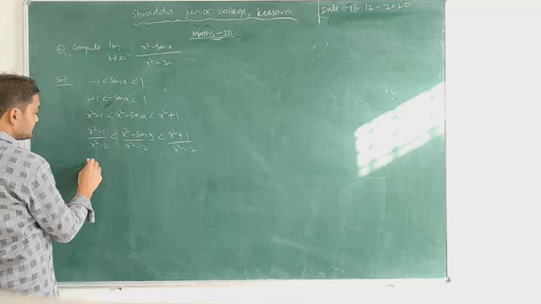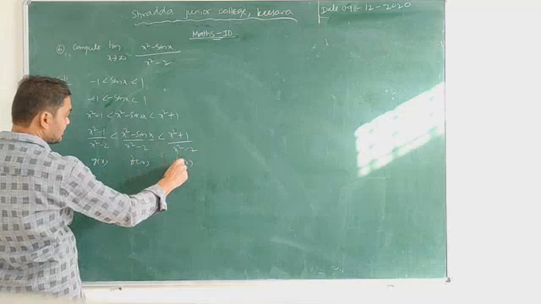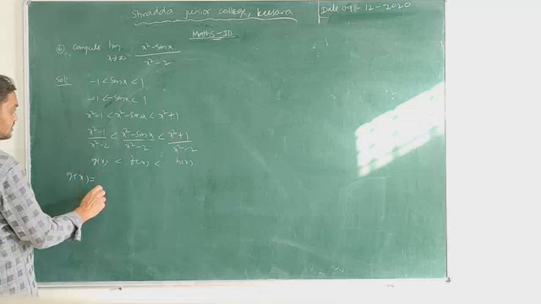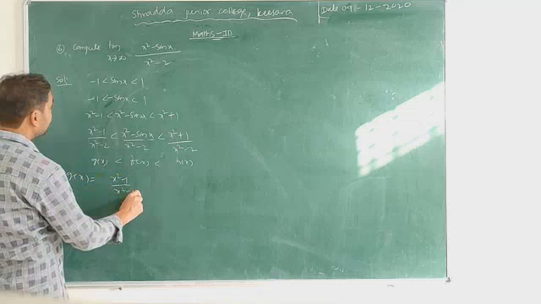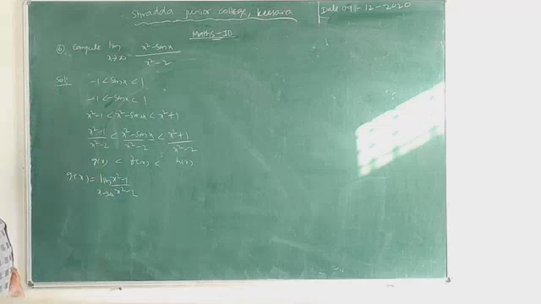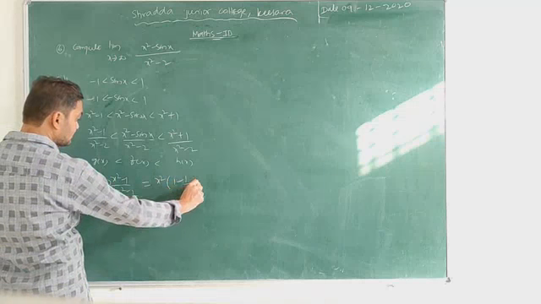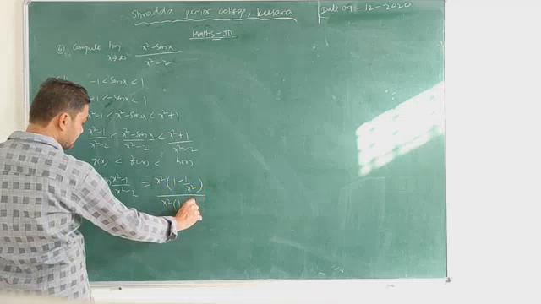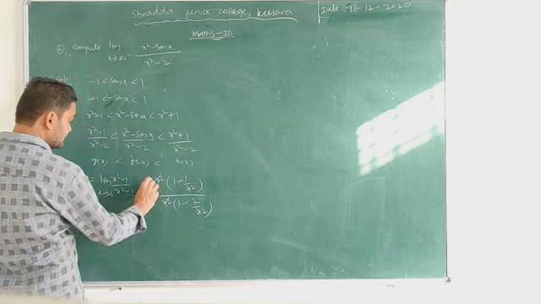See, this is denoted by some g of x, this is f of x, and this is h of x. Now what is g of x here? g of x equals x square minus 1 by x square minus 2, limit x tends to infinity. Now see here, in the numerator we take x square common, then 1 minus 1 by x square. In the denominator also we take x square common, then 1 minus 2 by x square. x square gets cancelled.